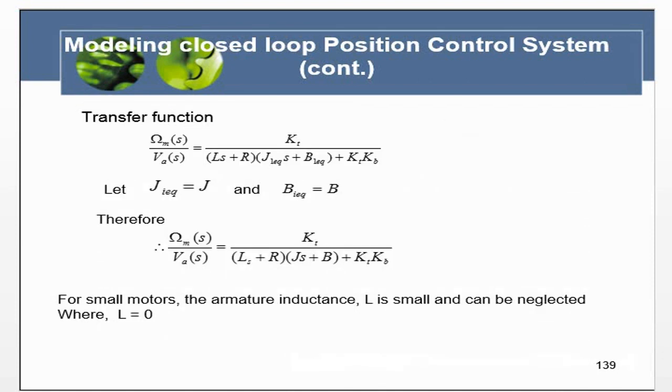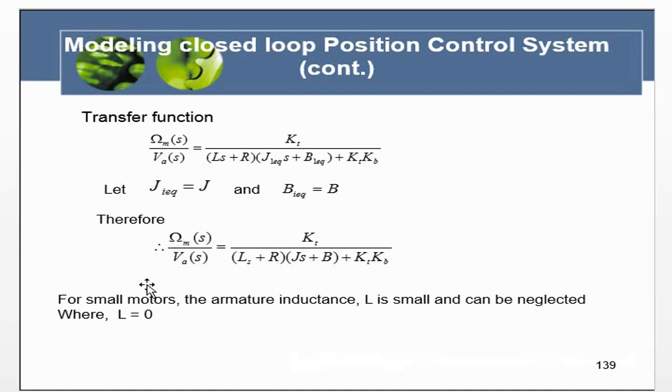Okay, the transfer function theta_M(s) per V_A(s) is equal to K_T divided by [(Ls plus R)(J_equivalent s plus B_equivalent) plus K_T K_B], where J_equivalent is equal to J and B_equivalent is equal to B, and then we get the simple formula.